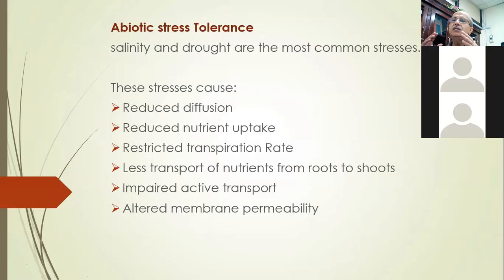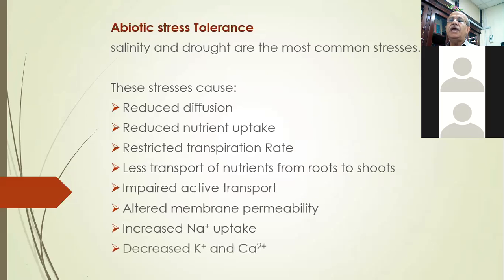So these are the effects of salinity or drought on plants. Increased sodium uptake and decreased potassium and calcium uptake. So every soil science student knows how these stresses, salinity and drought, affect the plant, right? So these are the effects of salinity or drought on plant growth.